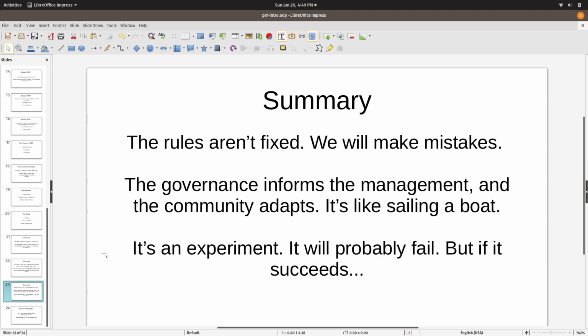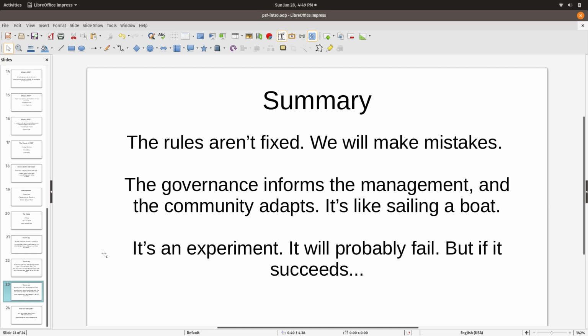The rules are certainly not fixed, and we will certainly make mistakes. The governance is intended to inform the management every 3 months, and the community adapts from there. It's just like sailing a boat. The wind shifts, and you change the boat accordingly. And most importantly, again, need to emphasize this is an experiment. It will probably fail.